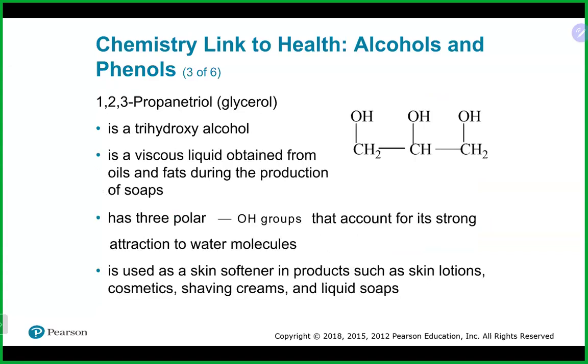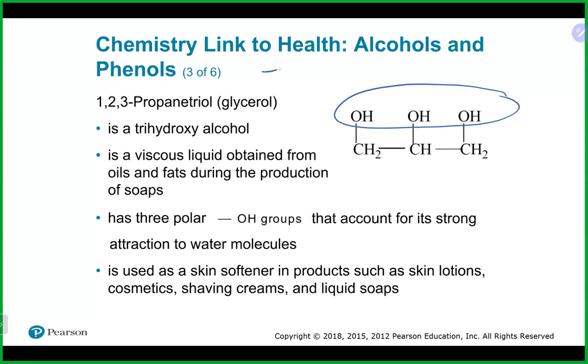There's also glycerol, which we'll actually see in a later chapter when we get into lipids. That's a 3-carbon group, and it has those OH groups there. By the way, alcohols are a lot of times soluble in water, at least with that OH group.